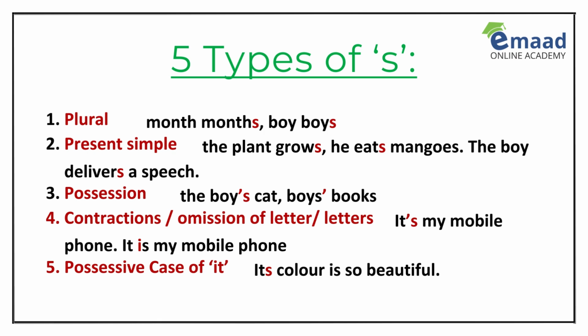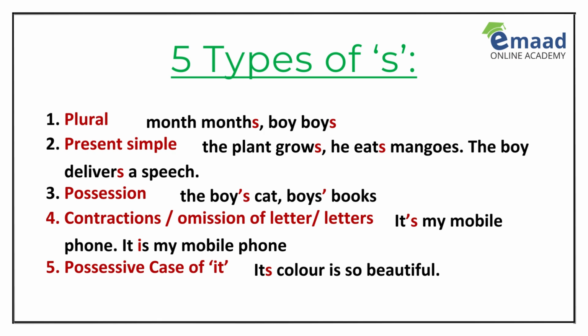But its without an apostrophe is the possessive case of the pronoun it, like its color is so beautiful, its functions are so nice, its size is so huge. So it's like you, your; he, his; I, my; we, our. The possessive case of it is its.